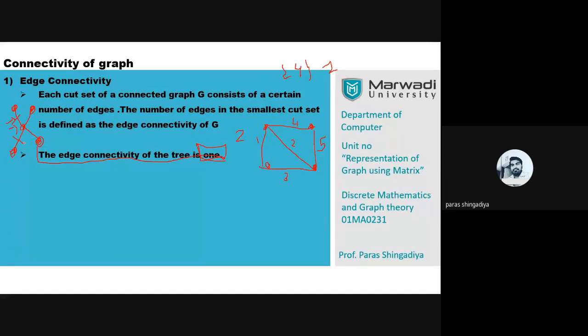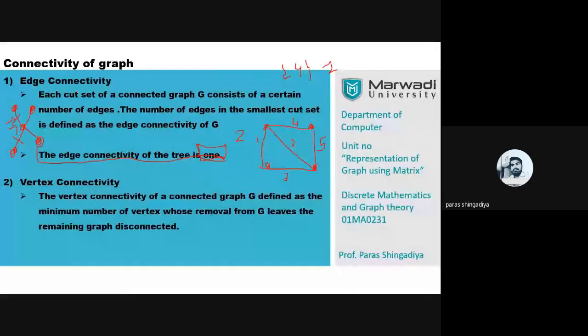Next topic is vertex connectivity. What is the meaning of vertex connectivity? In edge connectivity, we consider the edges that you remove from the graph to make it disconnected. But now in vertex connectivity, we consider vertices. What is the minimum number of vertices you need to remove from the graph G which makes your graph disconnected?